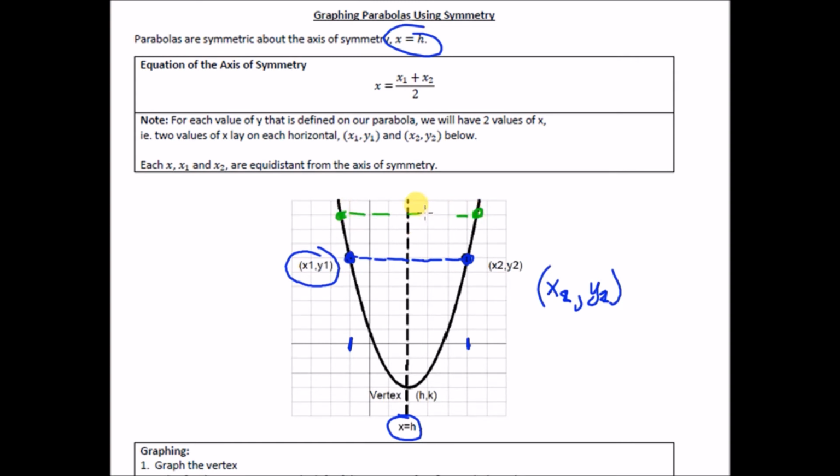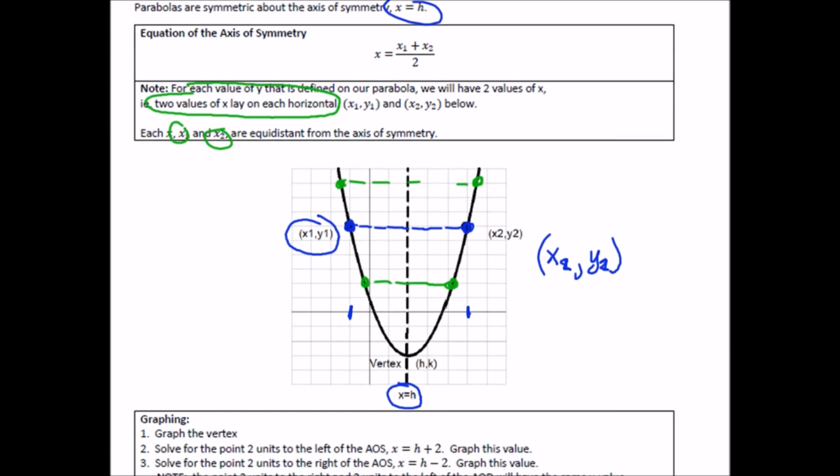These are the same distance away from the axis of symmetry. For each y, we have two values of x on that horizontal, so x1 and x2 are equidistant from the axis of symmetry.